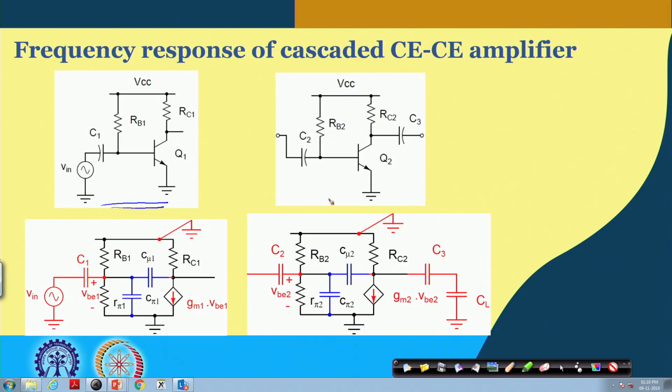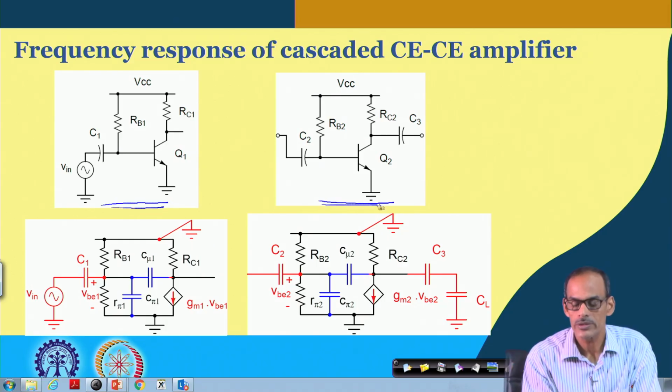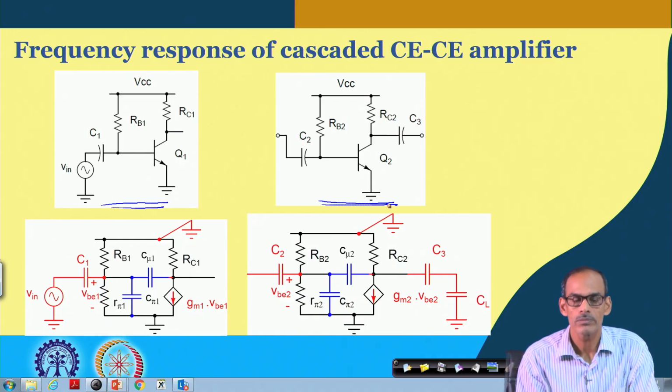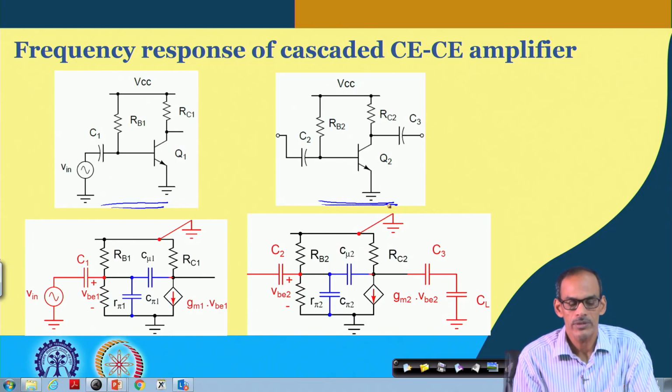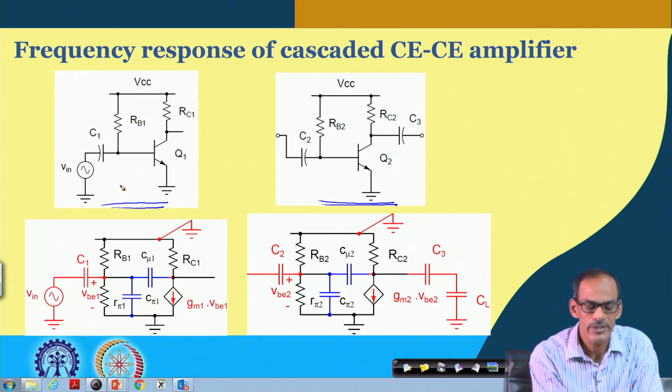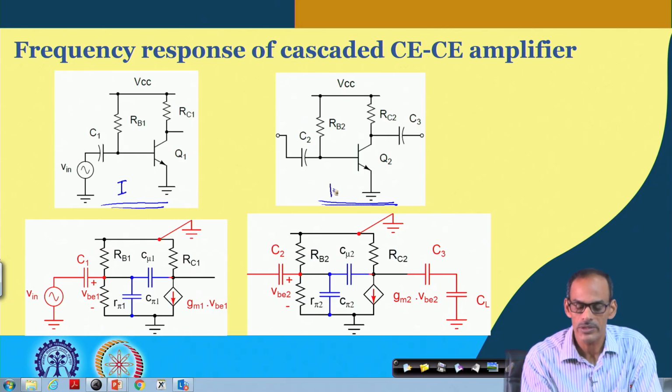Today, let us consider two maybe identical common emitter amplifiers, architecturally identical, and to achieve maybe higher gain, or maybe for some other reason, we would like to cascade the first CE stage and the second CE stage together.